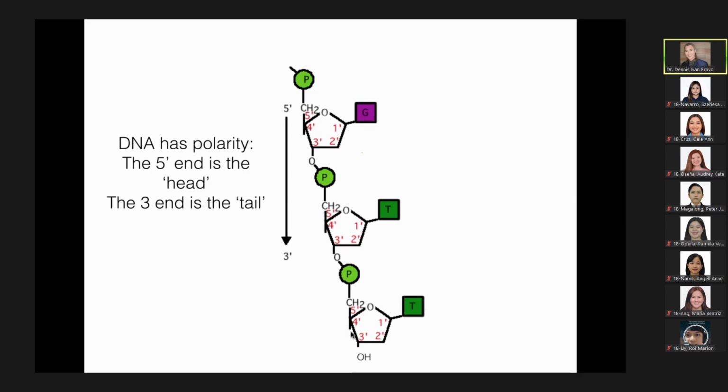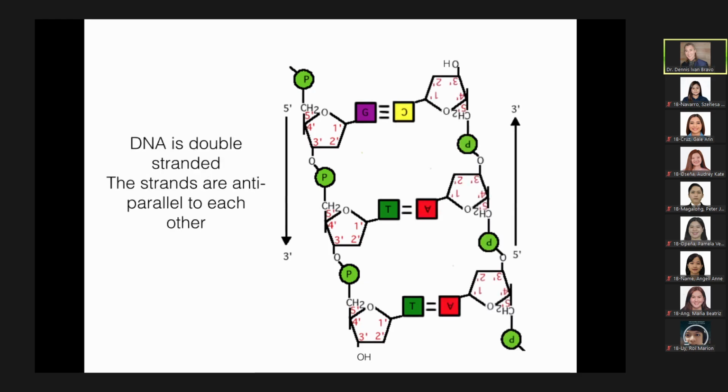The tail is the 3 prime end, which always bears a hydroxyl group, very important for the formation of phosphodiester bond. Now, the reason why we refer to it as the 3 prime end is because what is sticking out here is the 3 prime carbon that bears the hydroxyl group.